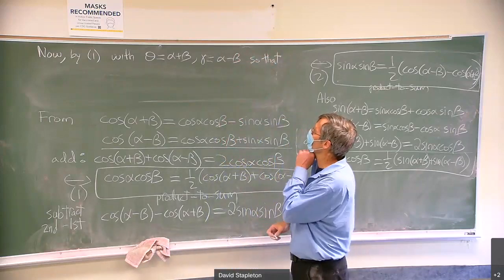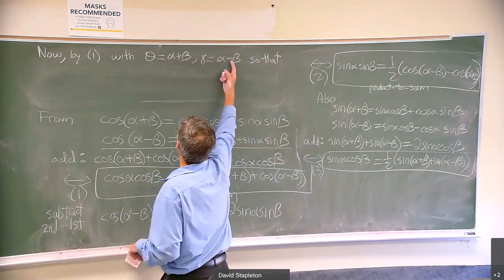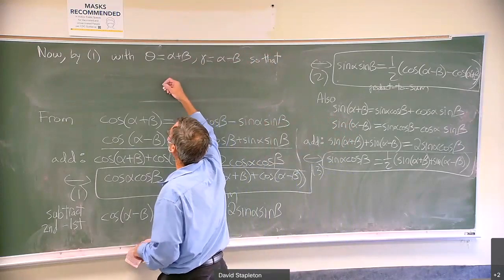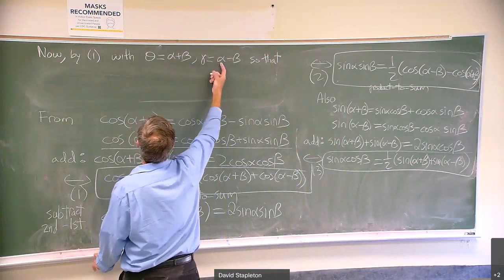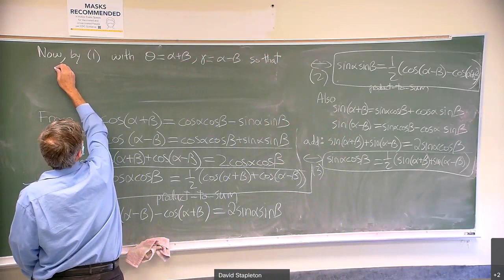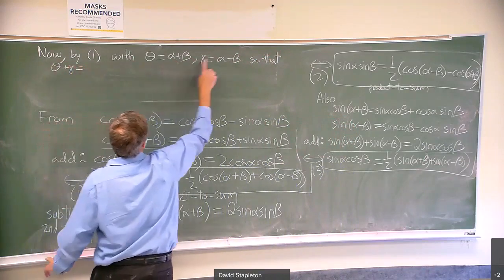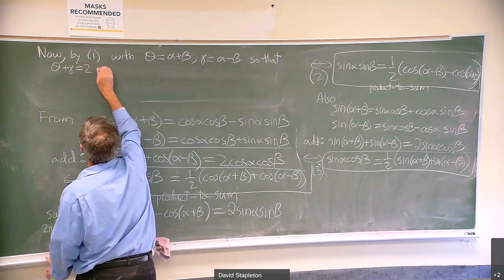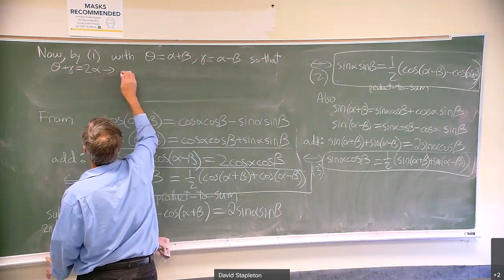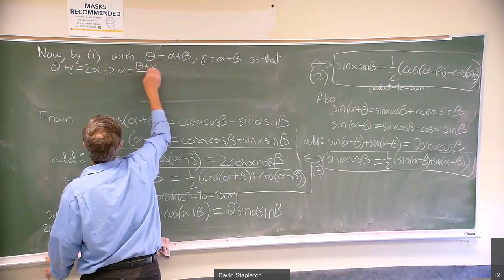Now, what is alpha and beta in terms of theta and gamma? If you add these two and divide by 2, you get theta plus gamma equals this plus this. The betas cancel, you get 2 alpha, which then you divide by 2 and you get alpha is theta plus gamma over 2.